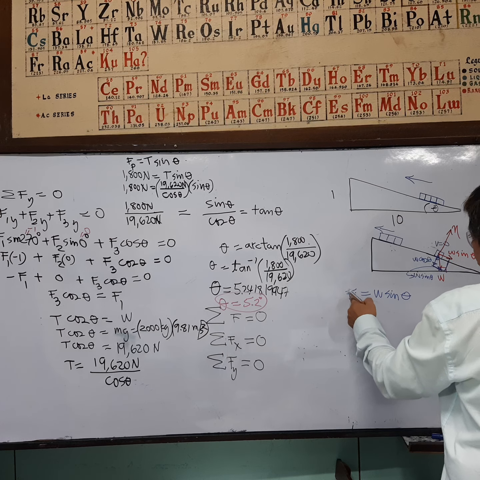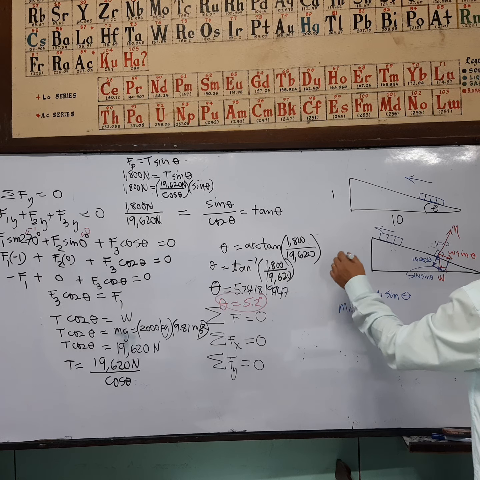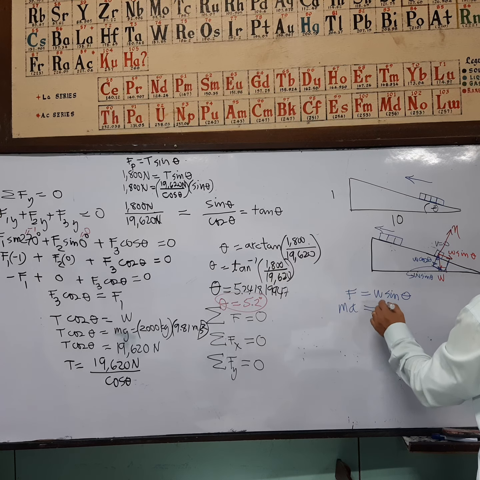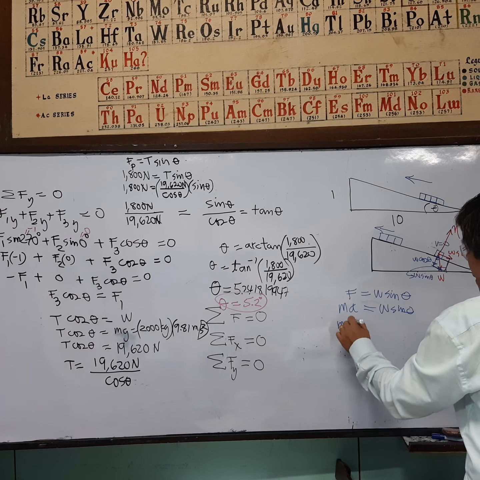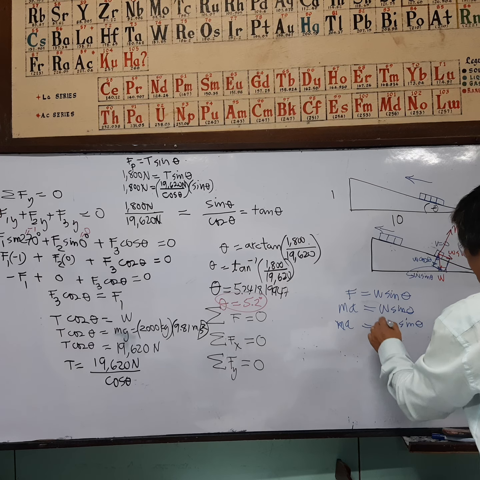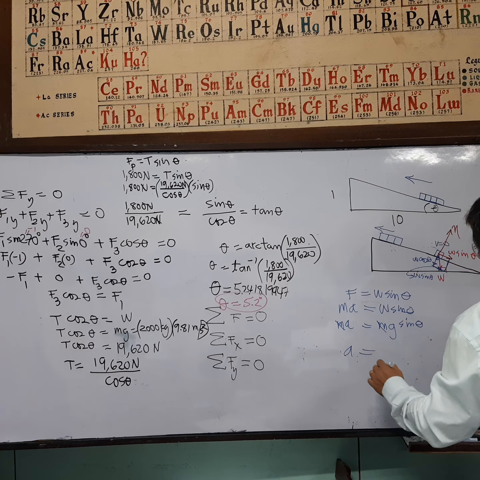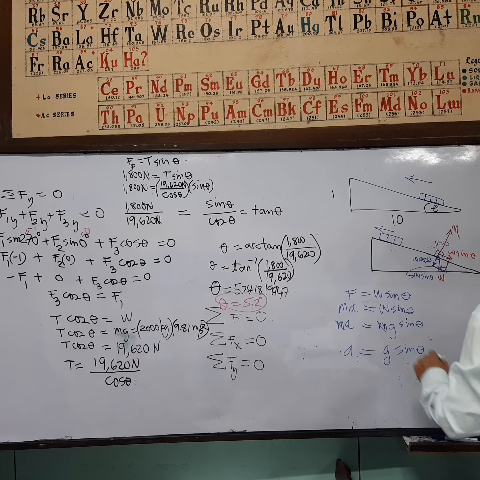And according to the second law of motion, F equals MA equals W sine theta. So MA equals mg sine theta. Cancel the m. So the acceleration therefore equals g sine theta. g has a value of 9.81 or 9.8.